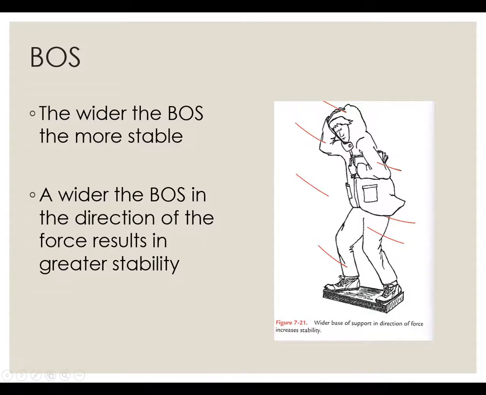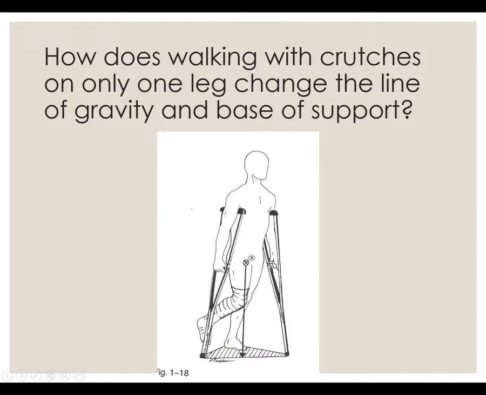So how does walking with crutches on only one leg change the line of gravity and base of support? You've got a definite change in the base of support. They've picked up this leg because maybe they're non-weight bearing, so you only have one foot. But what we've done is we've added 2 more points to the ground, and it's created a triangular base of support.